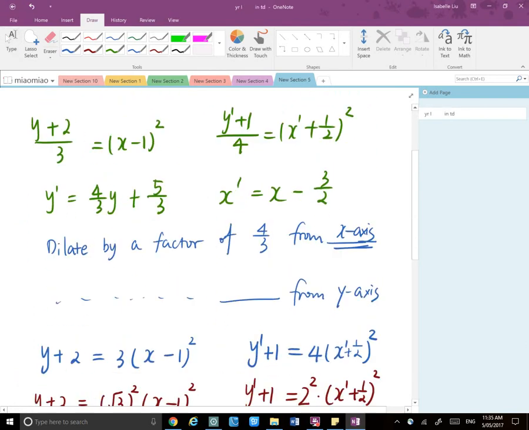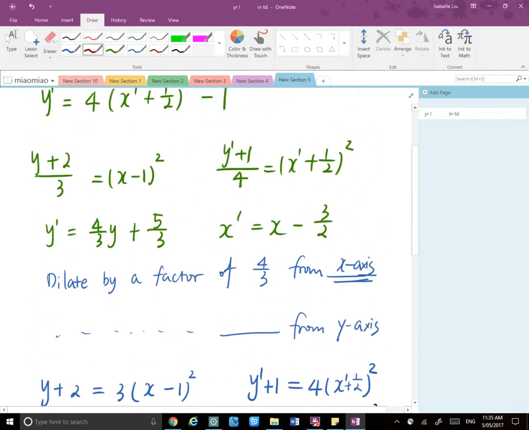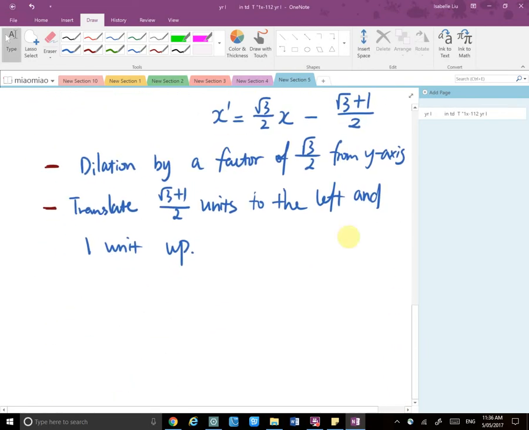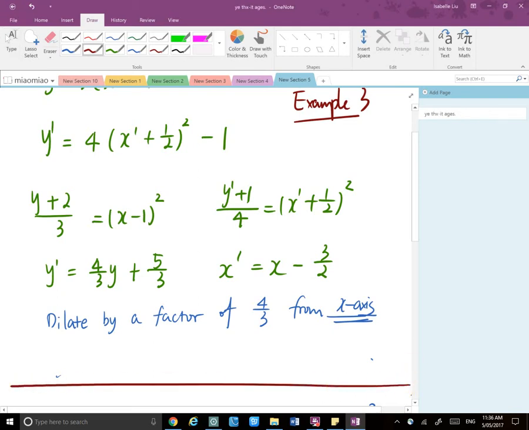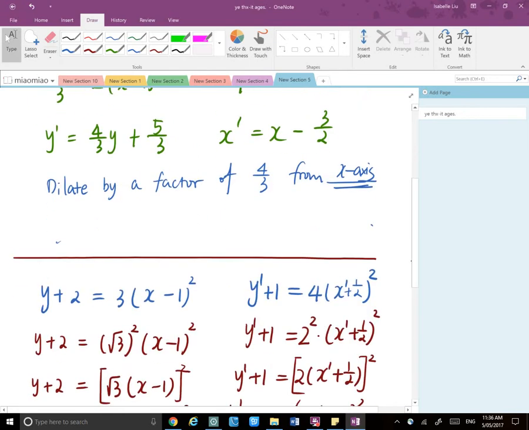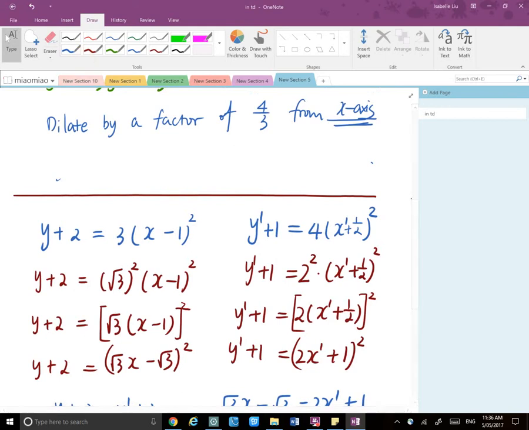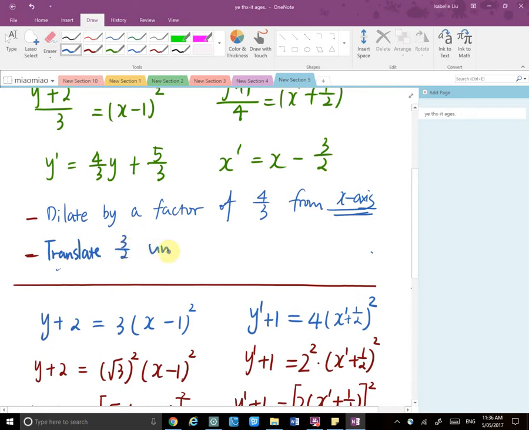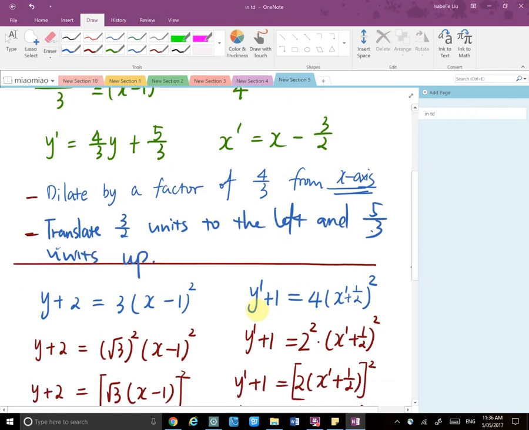I'll upload that together with the solution. Okay, next page.